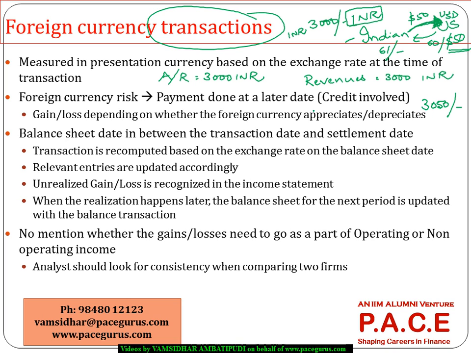And because of that, it can represent a gain of 50 rupees on the day it has received the money. So the accounts receivable is cleared, and because it has received 3,050 in cash, the 50 will go as a foreign currency gain. So when the foreign currency is appreciating, especially in case of a sale transaction, you will see that the local currency will gain.